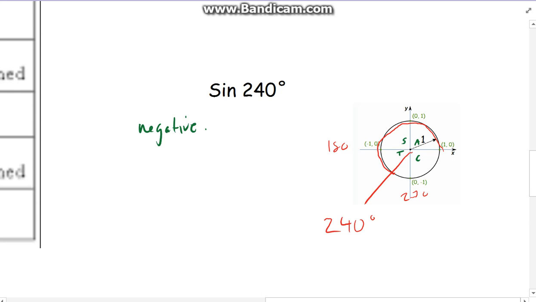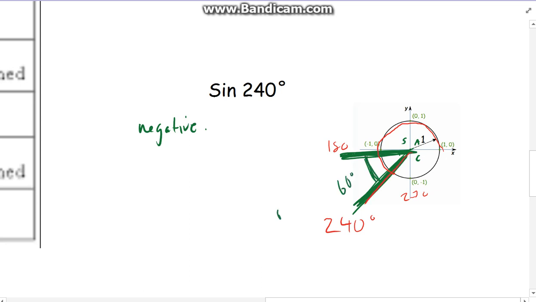So sine of 240. Our next step is to find the reference angle, and we said the reference angle has to be found by finding the angle between the given angle, which was 240, and the x-axis. The x-axis here was 180. So our angle here is going to be 60.